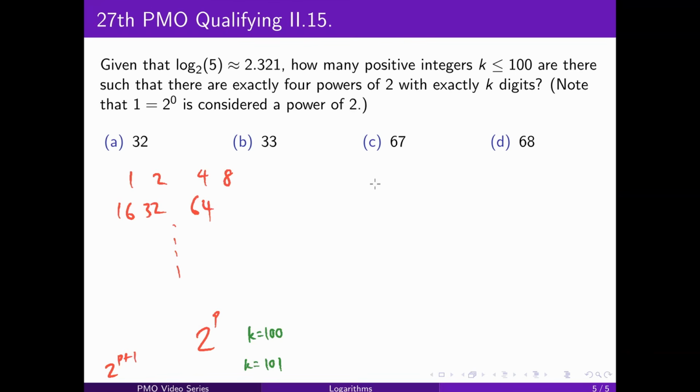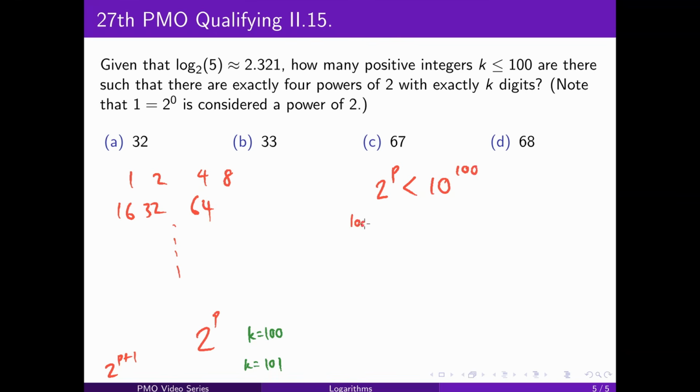And to answer this, we want to bound 2 raised to p to be at most 10 raised to 100, because 10 raised to 100 is the first number with 101 digits. How do we solve for p? Remember that we can apply a logarithm. So this is like solving the logarithm question, except this time it's an inequality.